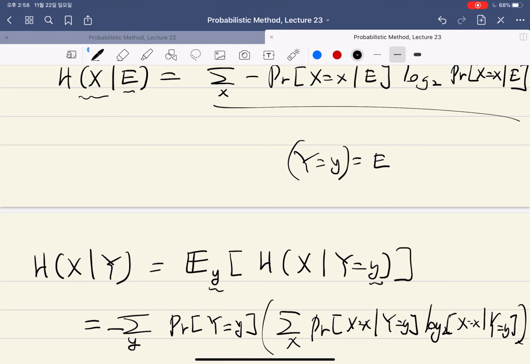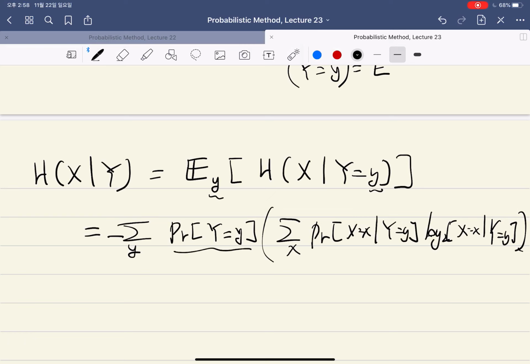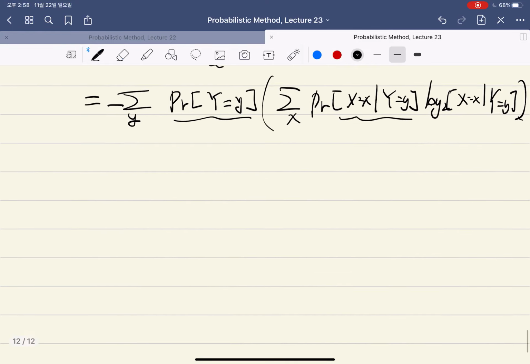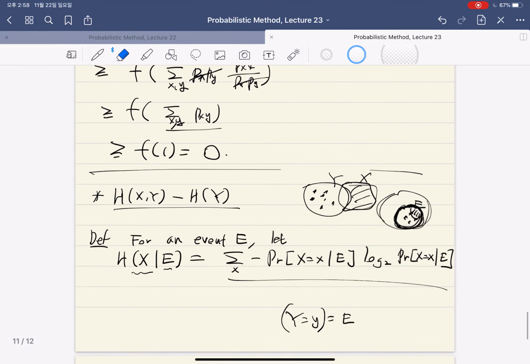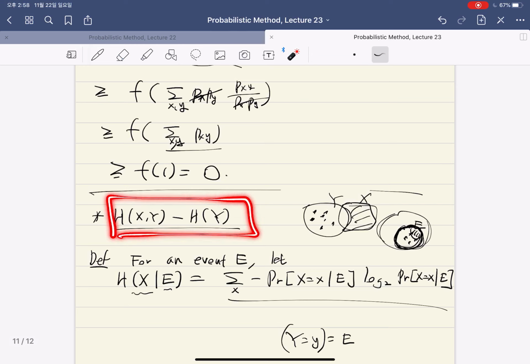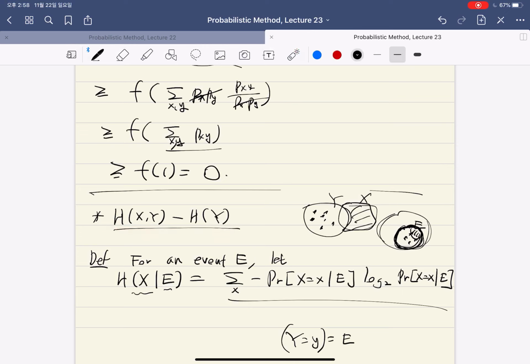And if you multiply these together, that's X is x, Y is y. So you can write down the formula for this. Then we want to check that this actually gives the same number as this, as our intuition tells us that the additional information we get from X and Y on top of Y must be this.